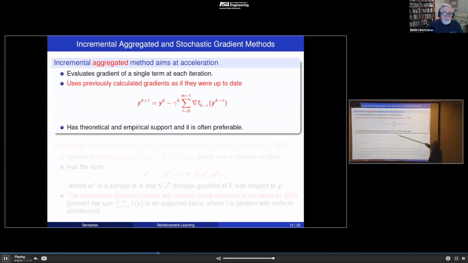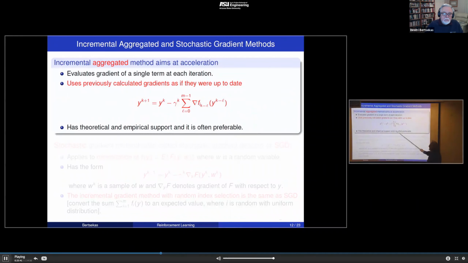Okay, otherwise it's similar to the non-aggregated method, but both in theory and in practice, this works better, sometimes significantly better. This is a relatively recent development. Incremental gradient methods go way back to the 80s, the late 80s. This is a development that's maybe last 10 years or so.